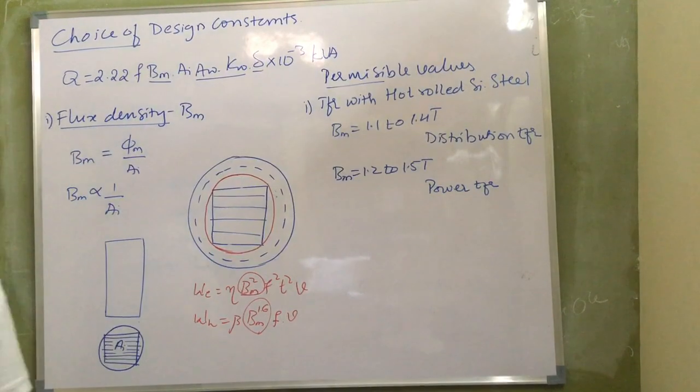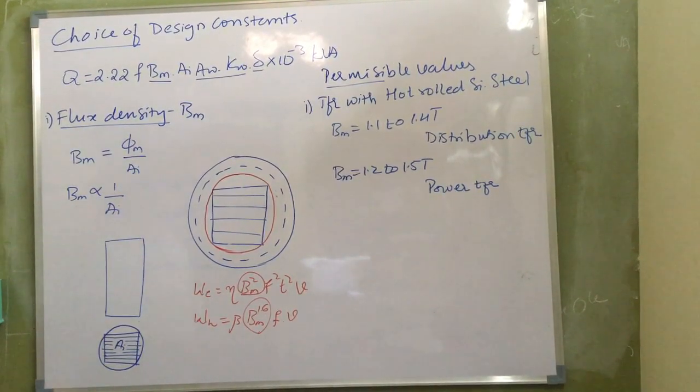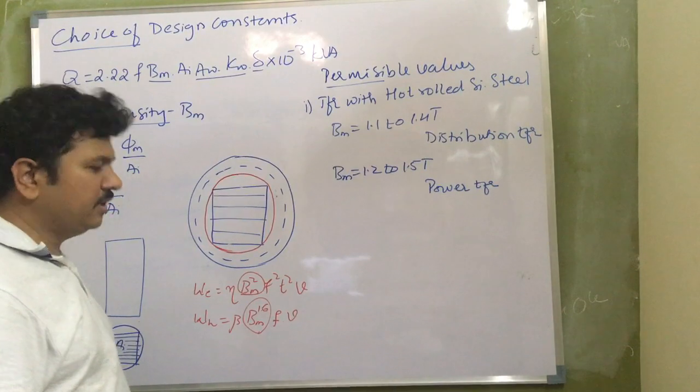Hot rolled silicon steel refers to the fabrication process. Whether it is hot rolled or cold rolled, it is the fabrication process.